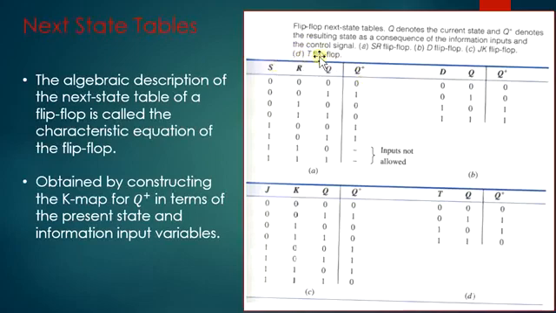The algebraic description of the next state table of the flip-flop is called the characteristic equation of the flip-flop, and this description can be obtained by constructing the K-map for the Q plus terms of the present state and the information input variables.